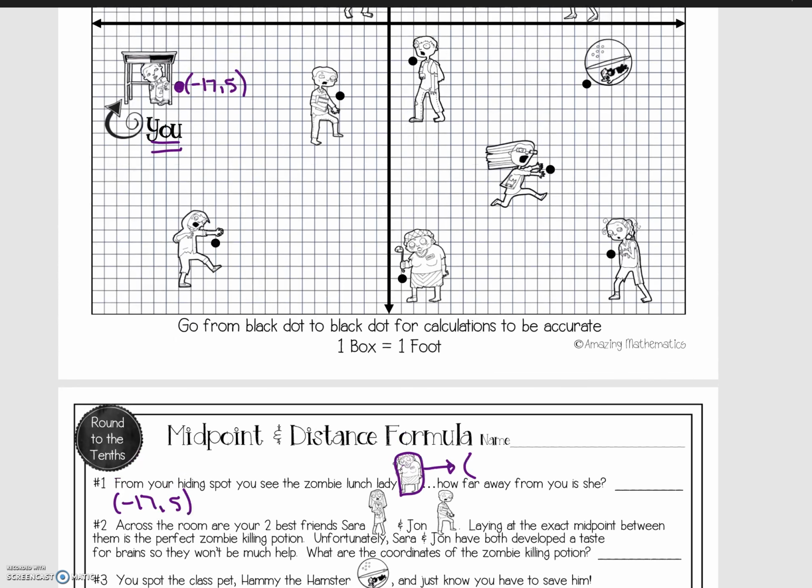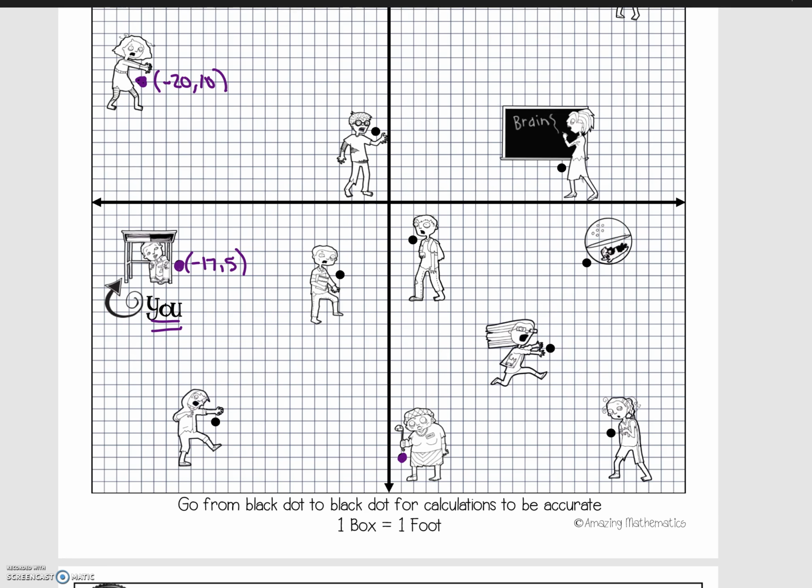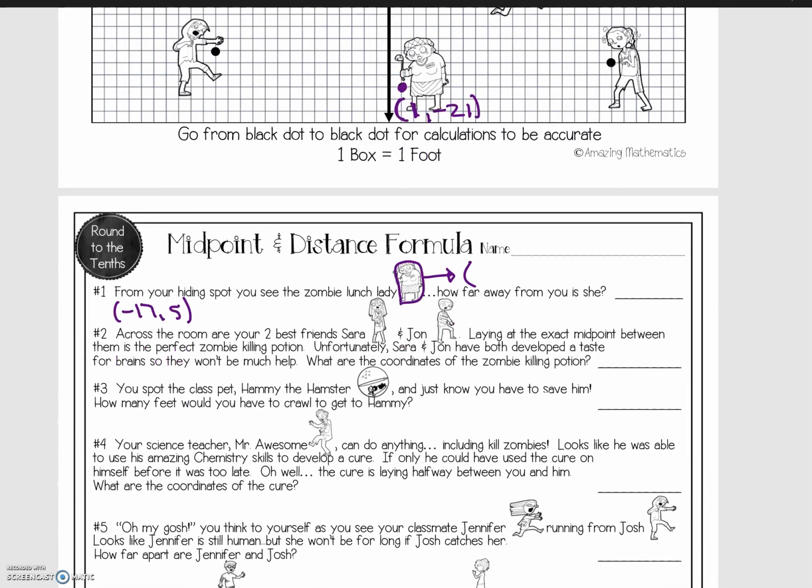We didn't find her ordered pair, so we need to find this ordered pair. We go over 1, down, so she's at 1, -21. And I know these because I've already counted them. So 1, -21. They want to know how far she is. That means we're going to be using the distance formula on these.